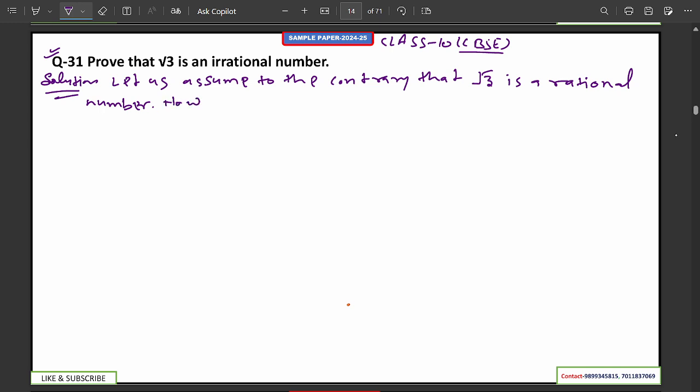Now if this is a rational number, then square root 3 is equal to a over b, where b is not equal to 0 and a and b are co-primes.